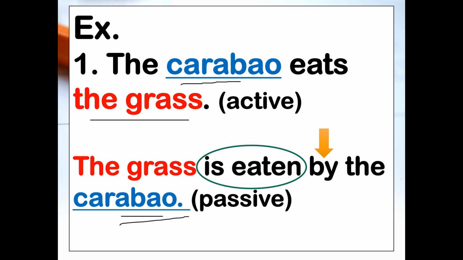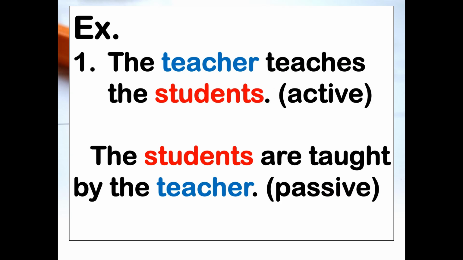And then you have there the grass, the receiver of the action in the first sentence. And in the second sentence, it is now the subject. And of course, you have there the by preposition. Okay, to proceed, we have the teacher teaches the students, that is active. And then in passive form, the students are taught by the teacher. Okay, so that's already the clear look of the two sentences.